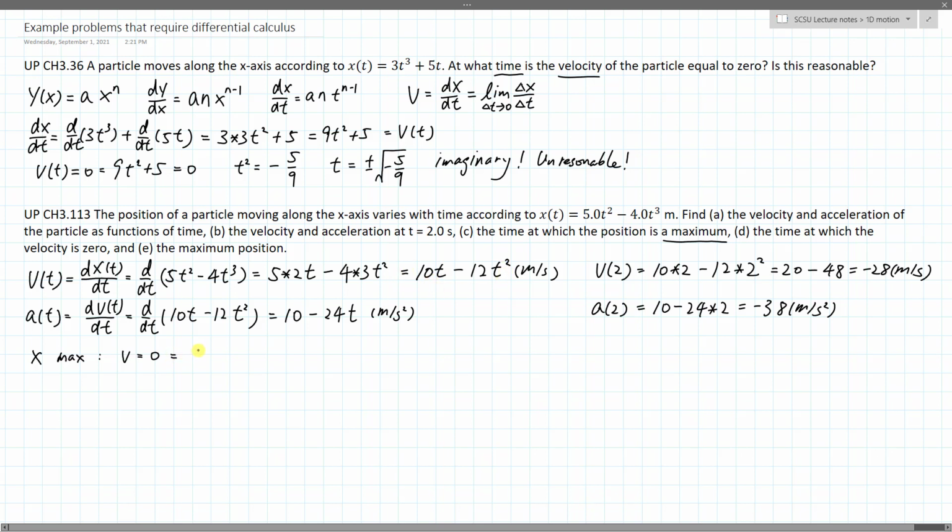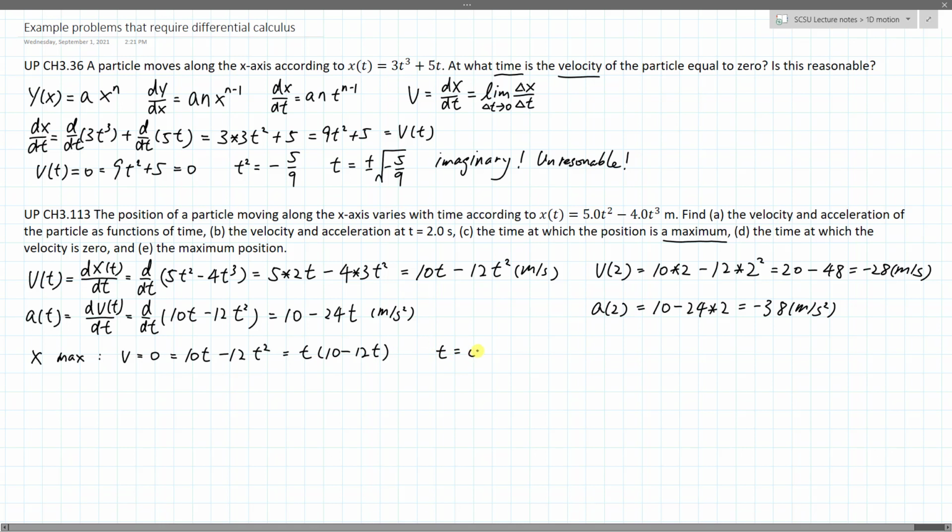This whole thing equals 0, and we solve for the time at which the velocity is equal to 0. So here we can factor out the t, and 10 minus 12t. So this product is equal to 0. That means either term could be 0. So we solve this simple equation.